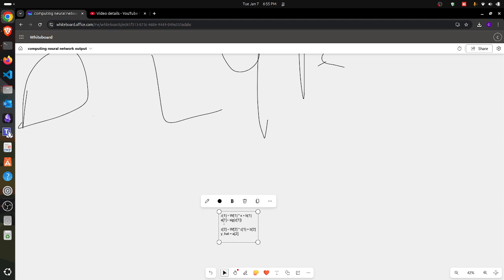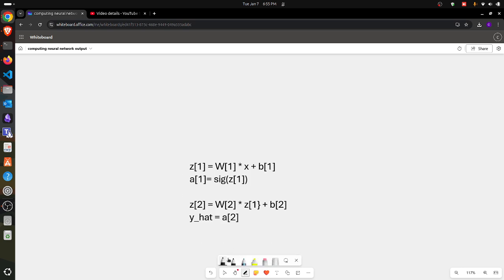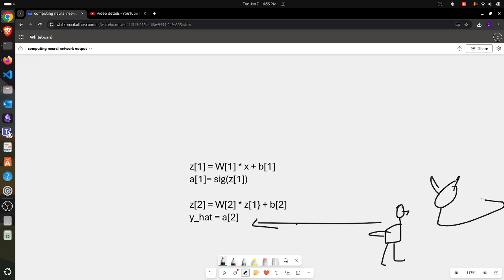So yeah, that's the y hat, and that's our final output which will be the neural network's prediction of whether this thing is a bird or cat. I'm hoping the neural network will understand my drawings.